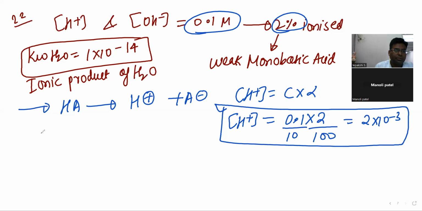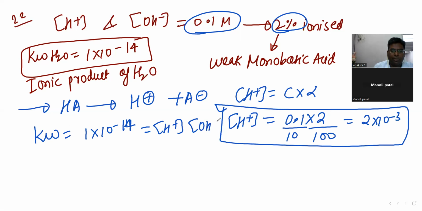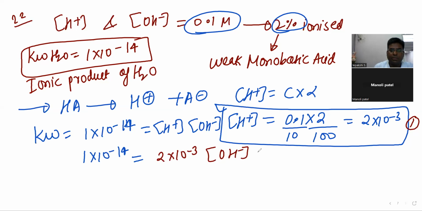Now see, the ionic product for water is given as 1 into 10 raised to minus 14. It is nothing but the concentration of H plus ion into OH minus ion. So 1 into 10 raised to minus 14 is equal to, put the value of H plus ion concentration from this equation, that is 2 into 10 raised to minus 3, and get the OH minus concentration.